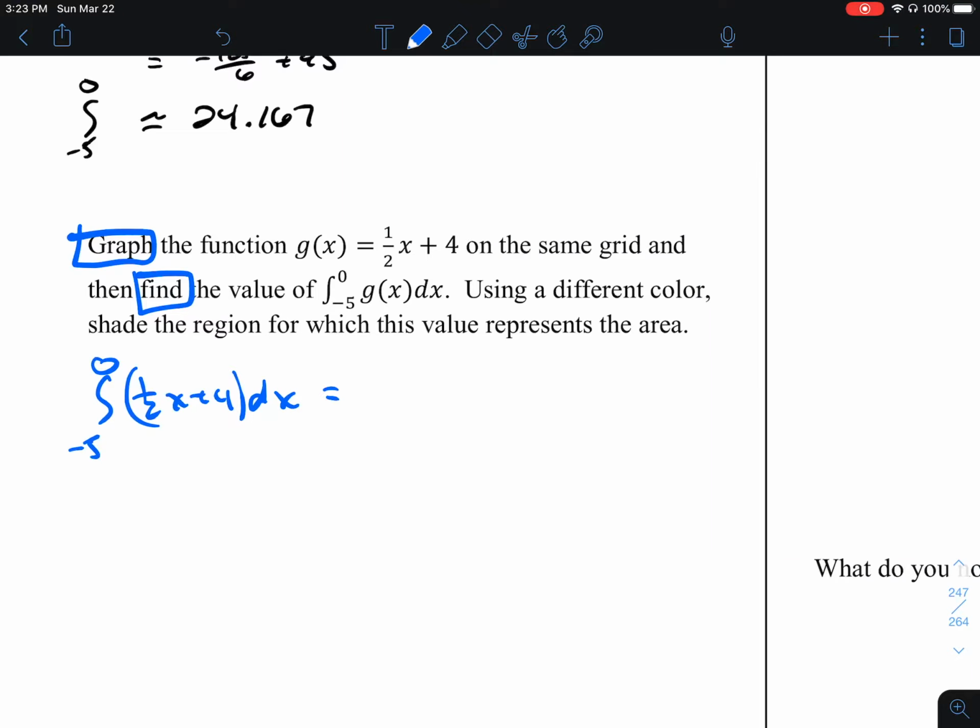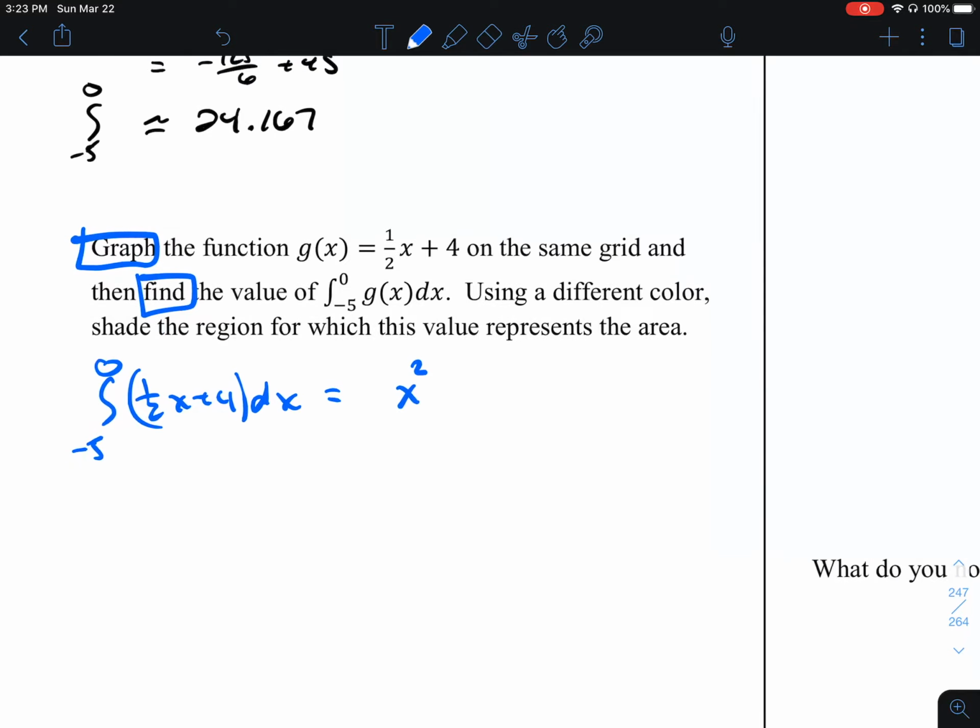So the antiderivative of 1/2 x, we add 1 to the exponent, multiply by the reciprocal. The reciprocal of 2 is a half. A half times the half that's already there is a quarter. Plus, the antiderivative of 4 is 4x. And we are evaluating from -5 to 0.